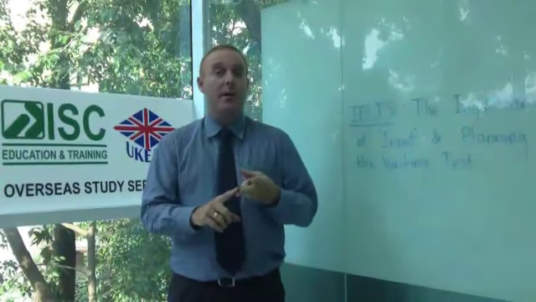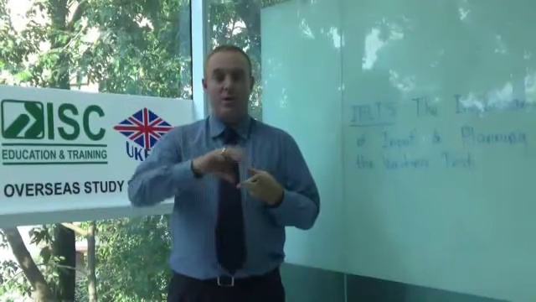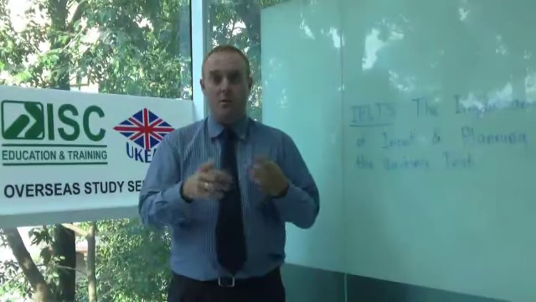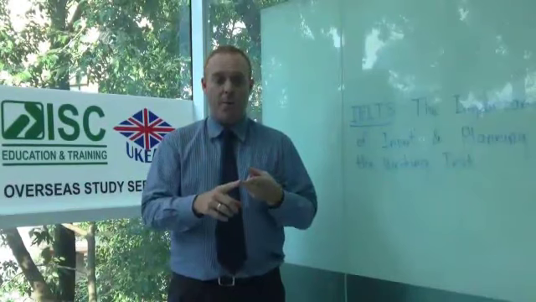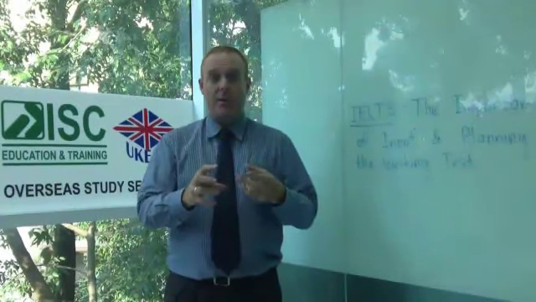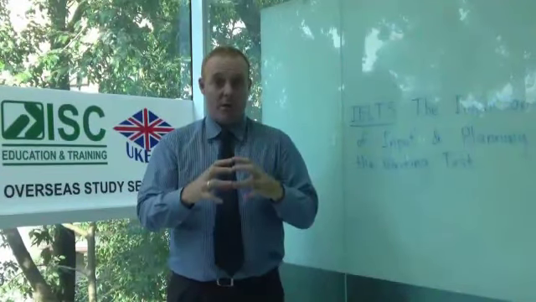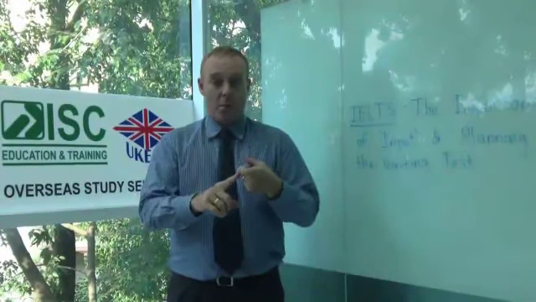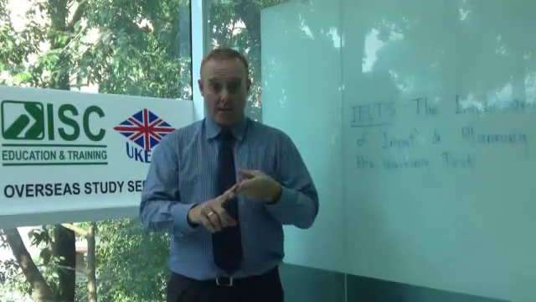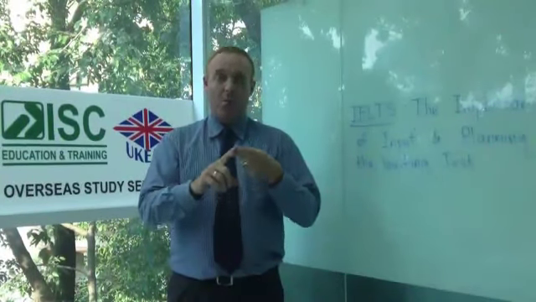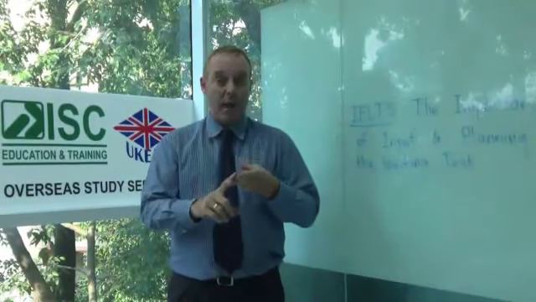Secondly, you need to provide an overview, which is the general trend of the graph or the information. So within 3 minutes, you need to practice taking the information from the graph, writing your topic and your overview sentences, and then also planning for the body paragraphs.